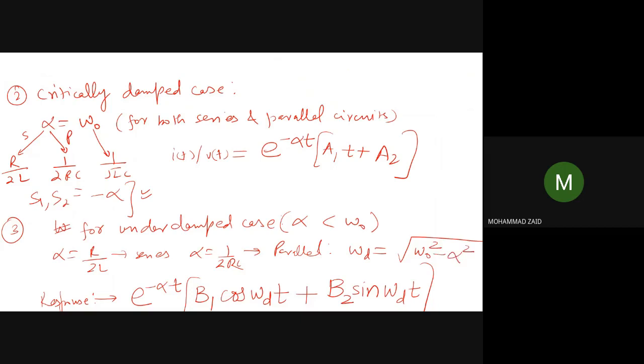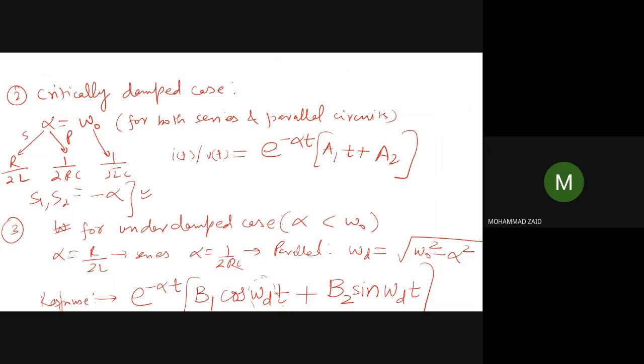Okay, so in some cases it is known as damped frequency. Omega d is named as damped frequency. So instead of omega naught directly, we are writing the response for the underdamped case in terms of this new frequency, that is the damped resonant frequency of the circuit.